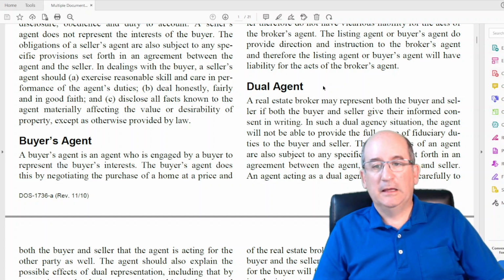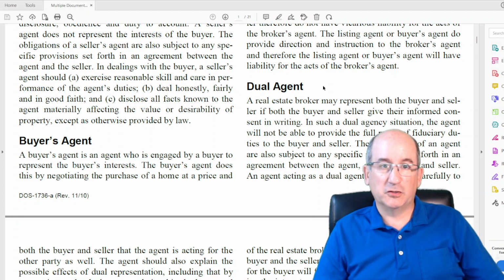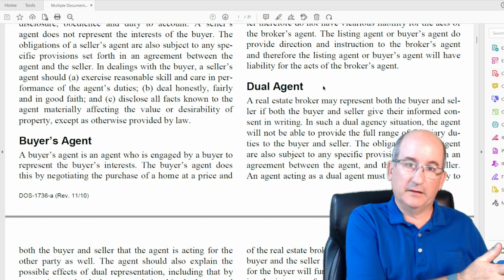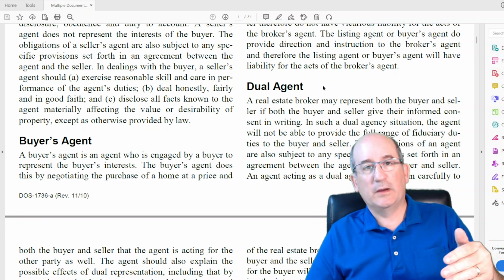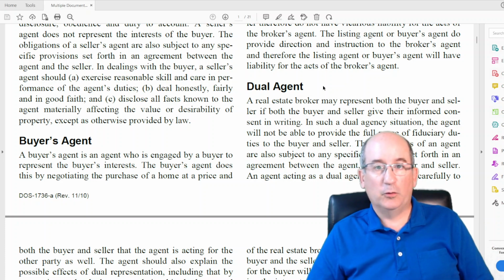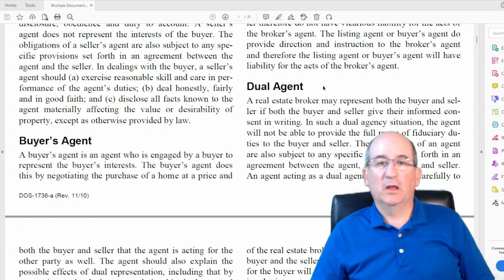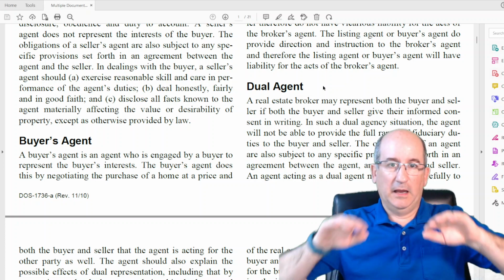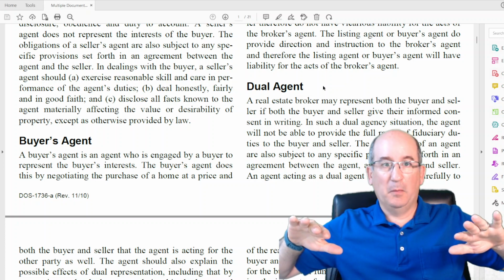I'm going to say, if there's a situation where I've been working with a buyer for a long time and I know their private and personal information, just like I know yours over on this side, there may be situations where your house is the one that they want to buy or that they want to look at. So in a case like that, I have to compartmentalize my loyalty.